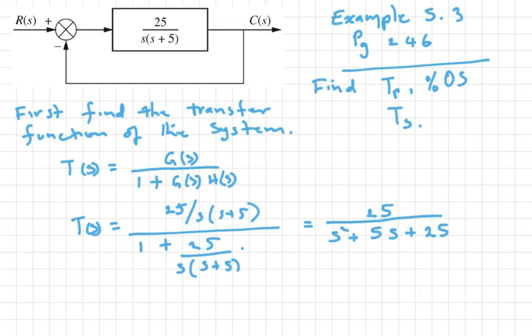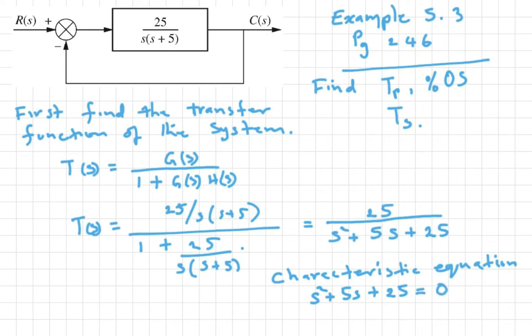So our characteristic equation will be s squared plus 5s plus 25 equals 0.